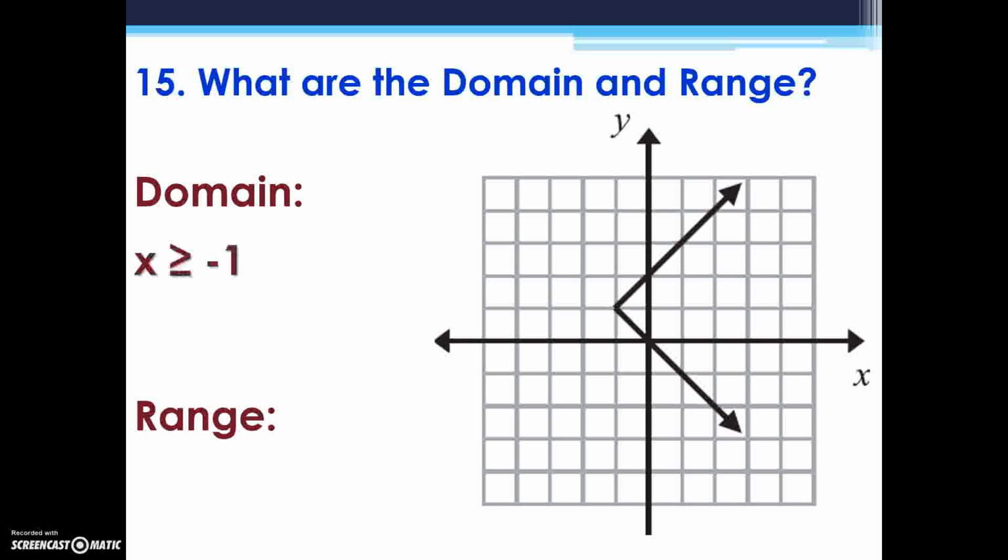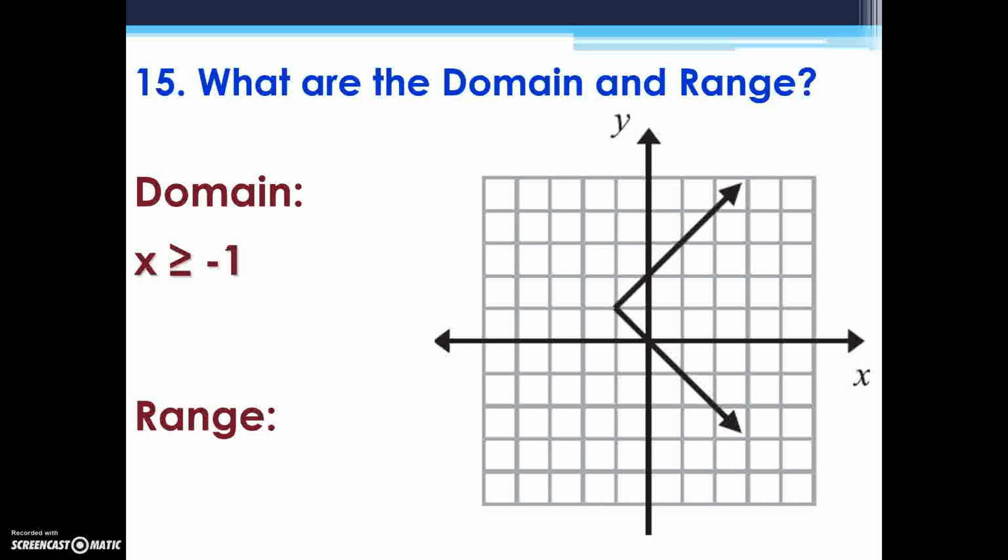So what we are going to say is every part of my domain is greater than or equal to -1. So that's one way to write that fact, and we're going to learn other ways later on. But if you look at -1 on the x-axis, every part of that graph is greater than that point. So x is greater than -1.